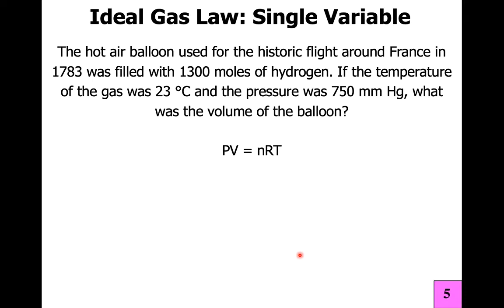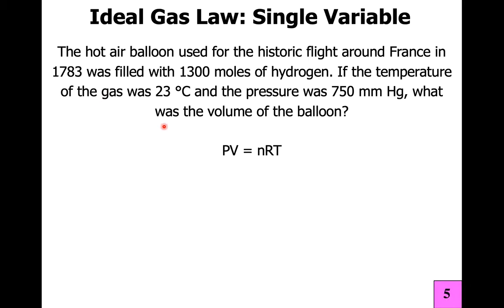All right, and then we have the other gas law that we'll use. Anytime you see moles, it has to be this gas law because this gas law is the only one that has a capacity to handle moles. It has this n right here, which is moles. Pressure times volume is equal to the number of moles times the gas constant times the temperature in Kelvin. And so as soon as I see I'm doing something with moles of gas, it has to be this one. It can't be the other one.